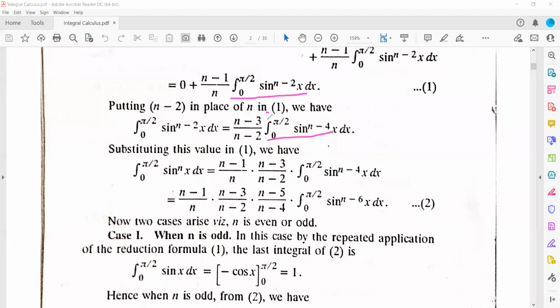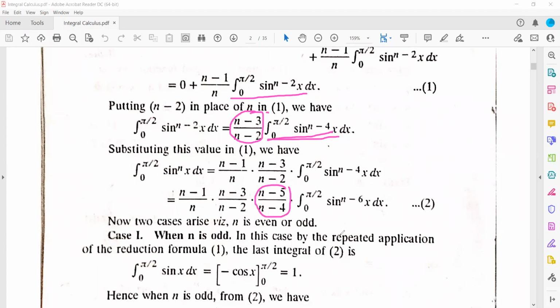Its coefficient is n minus 3 by n minus 2. While finding the next integration, its coefficient is n minus 4 by n minus 4, n minus 5 by n minus 4.